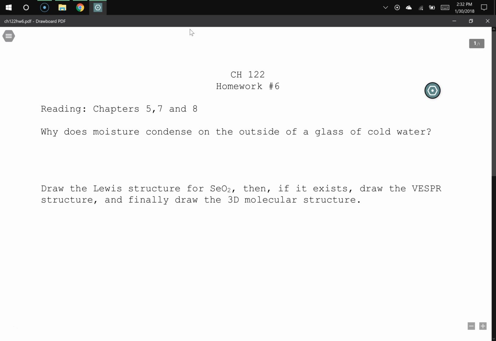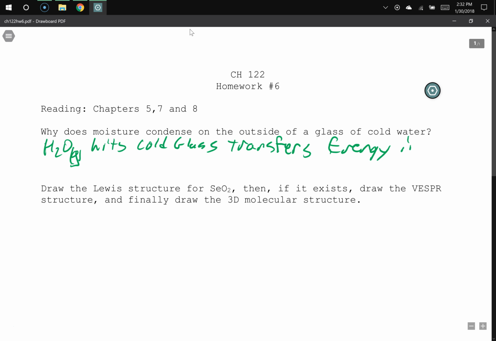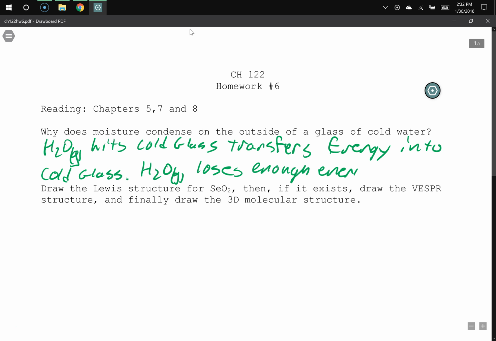Okay, so H2O gas hits cold glass and... does that sound good?